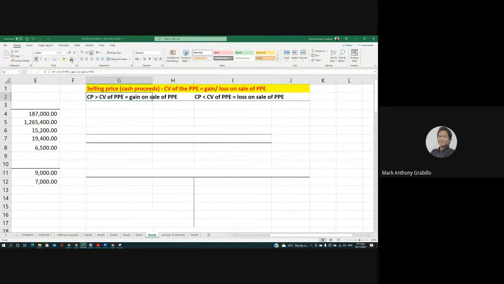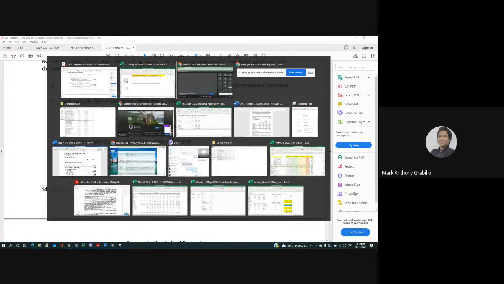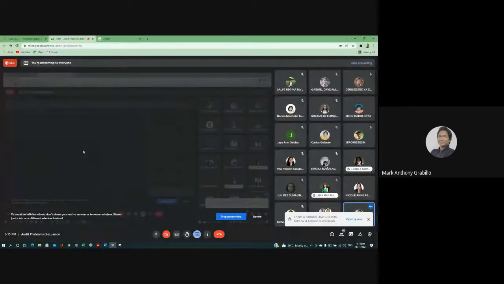So applying the data of the problem, doon sa problem, magkano yung selling price or cash proceeds doon sa equipment?